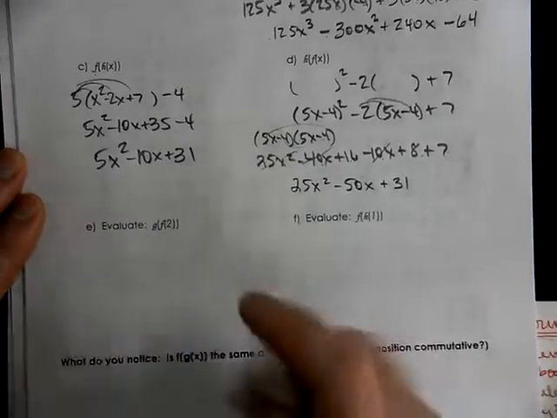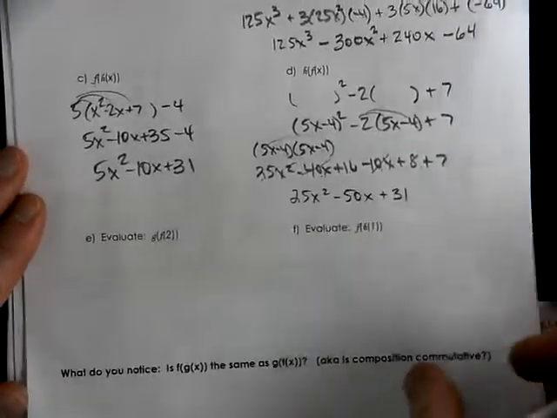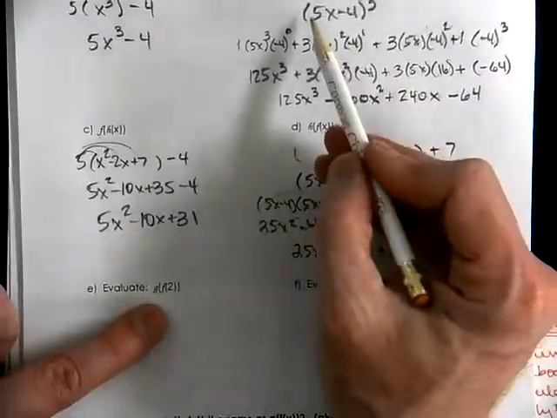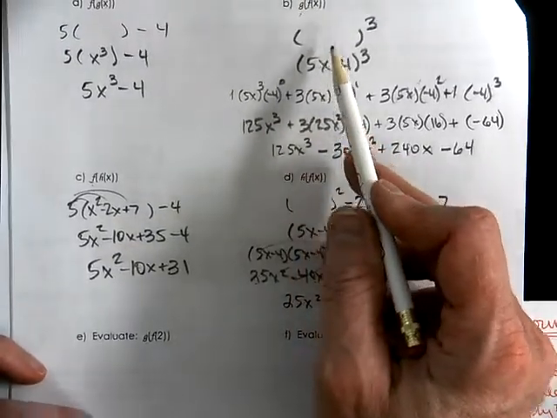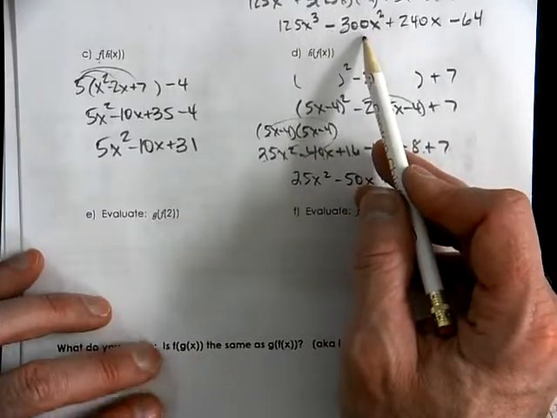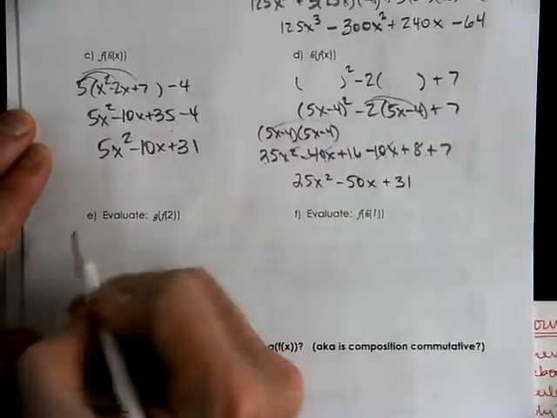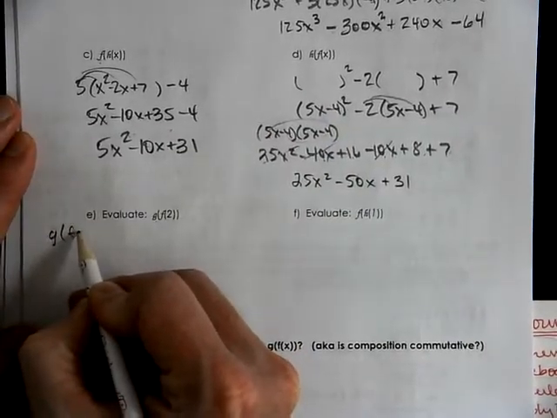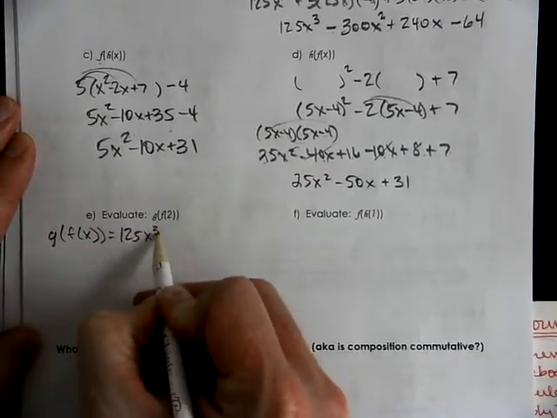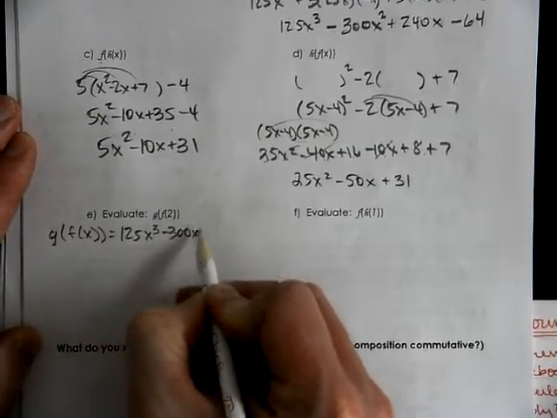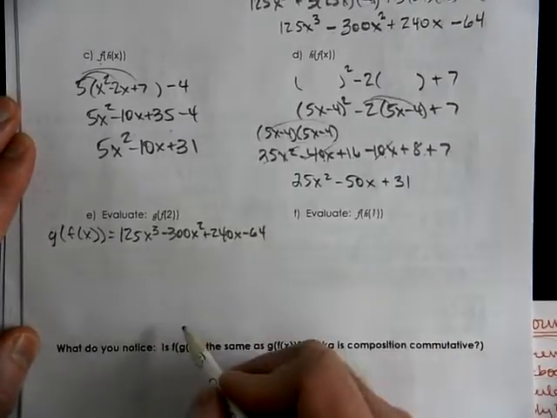Now to evaluate, this is g of f of 2. Well, g of f, we already did that up here. So we've already calculated out what that was. g of f of x, we already know that that is 125x cubed minus 300x squared plus 240x minus 64.